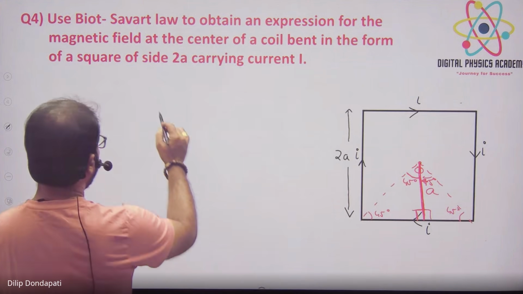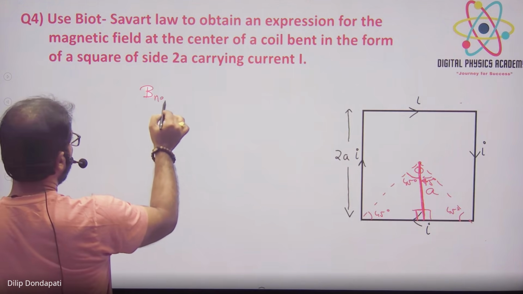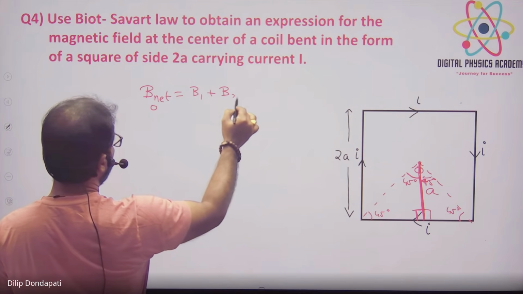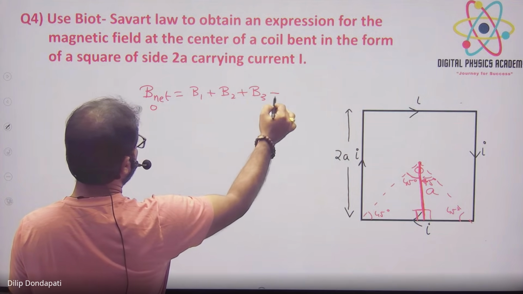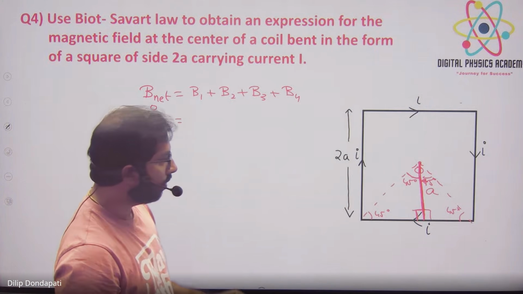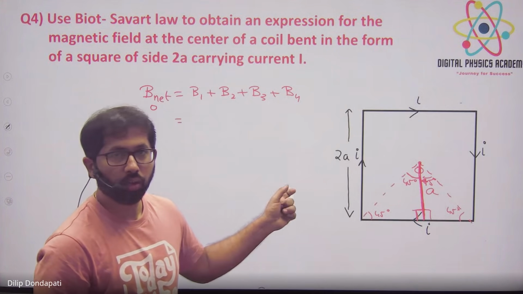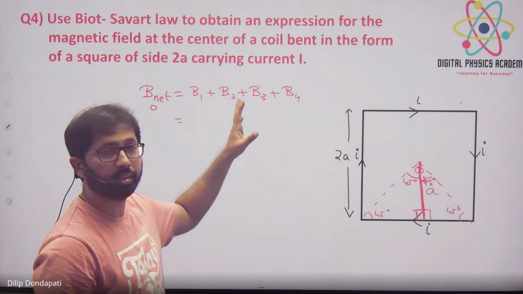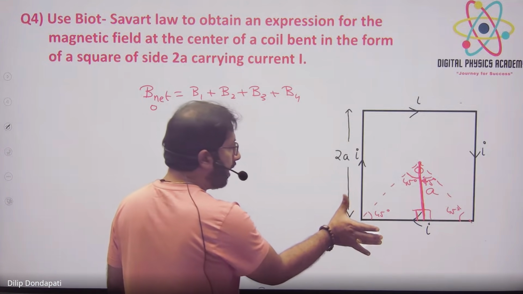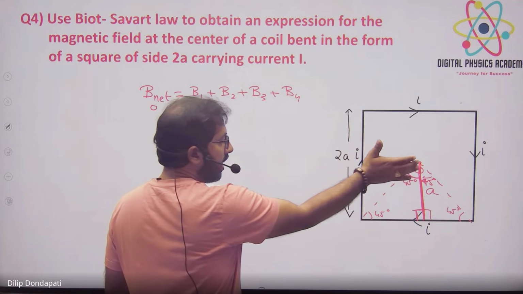Now the net resultant will be the magnetic field at O: B1 plus B2 plus B3 plus B4. Since it is a vector quantity, we have to check the direction, whether it is addition or subtraction. How to tackle? Look, thumb indicates direction of current and curled fingers indicate direction of magnetic field.